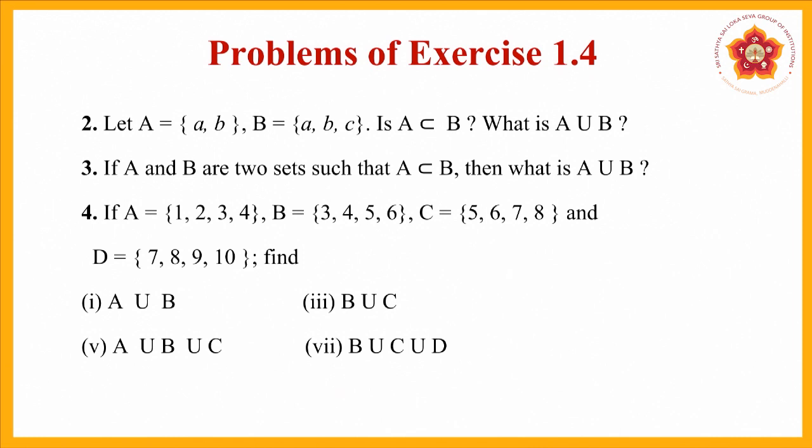Problem number 4, he has given the sets. First let us write down those sets. A contains the elements 1, 2, 3, 4. B contains the elements 3, 4, 5, 6.